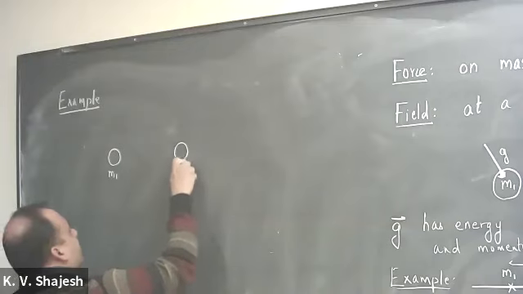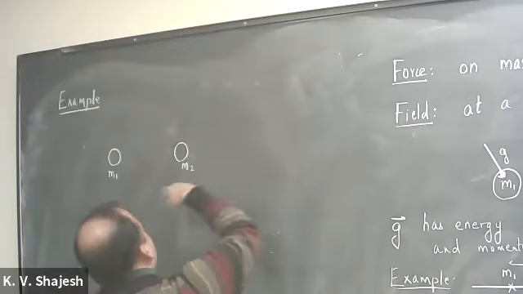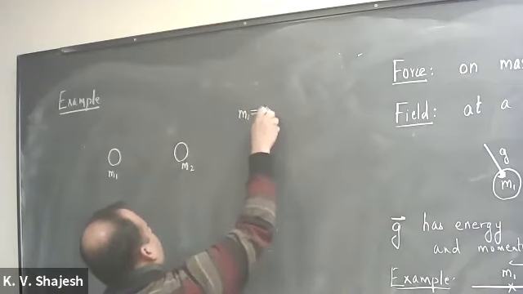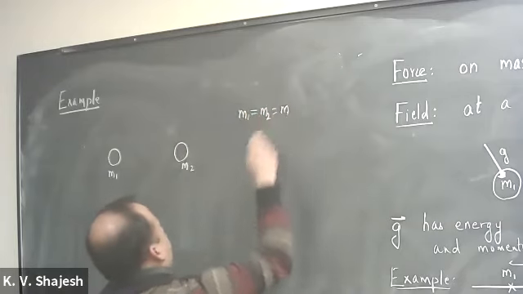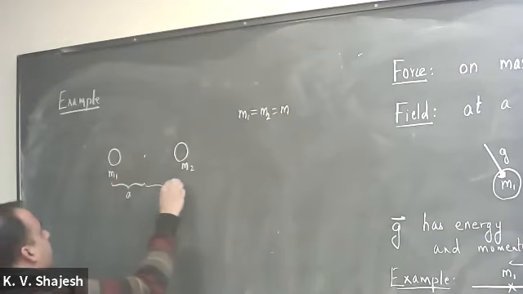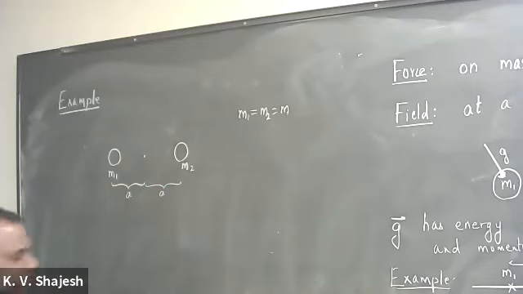But having said that, that's just a label. M1 is equal to M2, and let's call that just M. Let's say this is separated by a distance 2 times A from center to center. So that's A, that's another distance A.